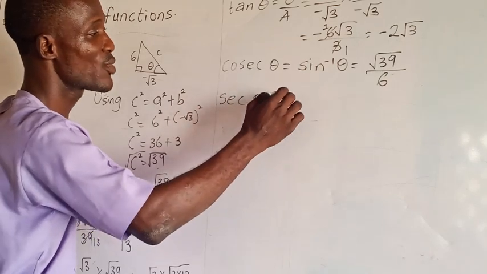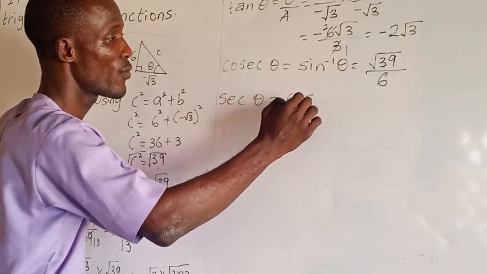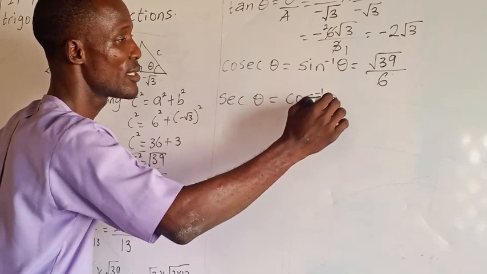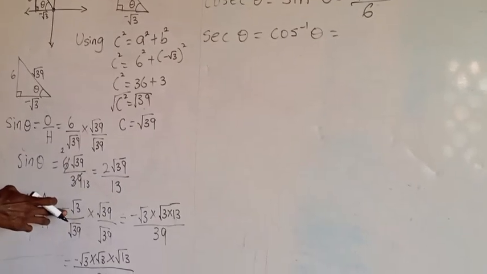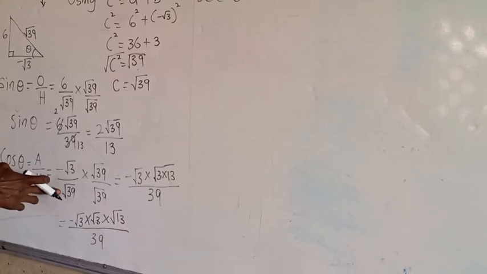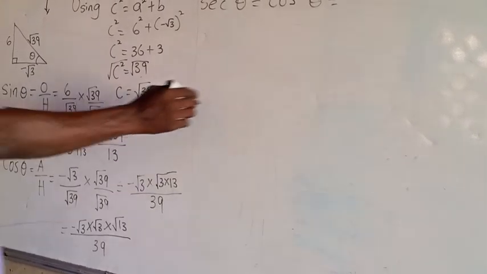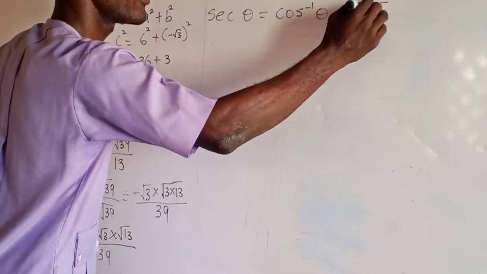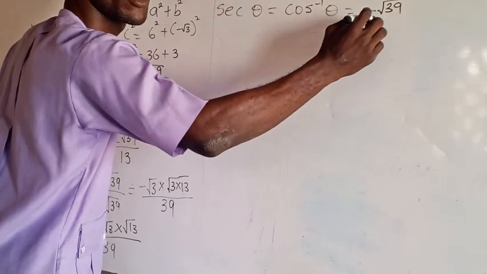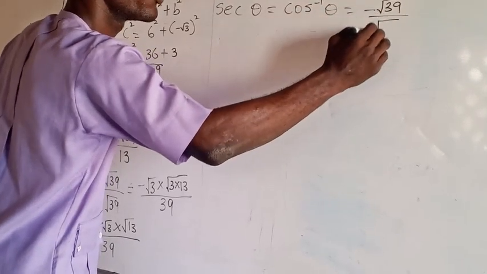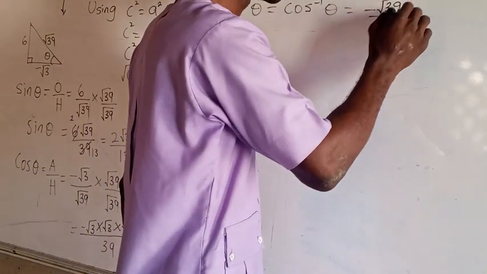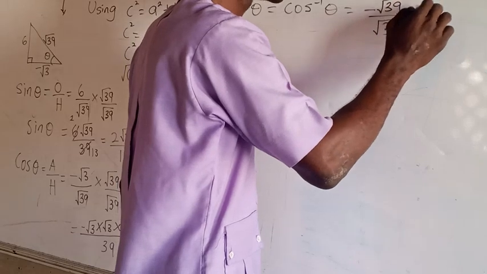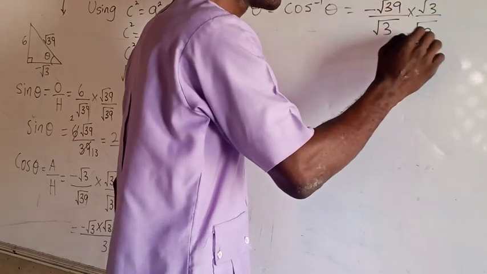Then sec theta. So sec theta is actually the inverse of cos theta. So let's visit our cos theta. At our cos theta, we actually have negative root 3 over root 39. So let us swipe this. That's going to give us negative root 39 over root 3. So here, let us rationalize the denominator. Multiply by root 3 over root 3.